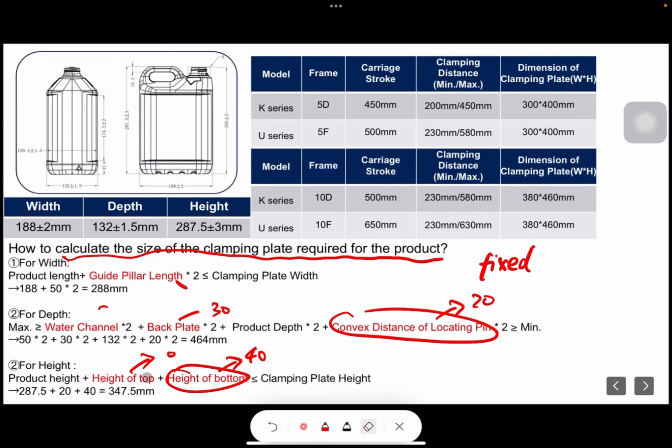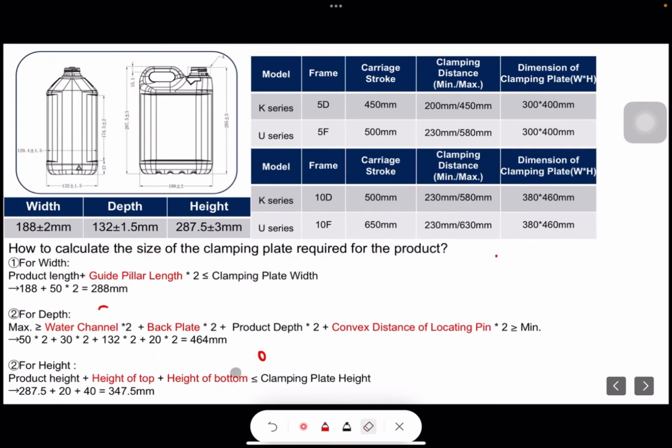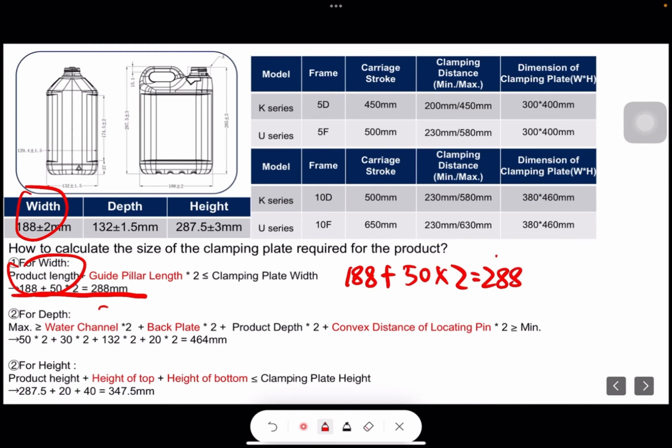Let's clean them. So, let's look right at this. Product length 188 here, the width, and here 52 times 50, sorry, and 288. This is the mold width. Okay, next one. For the depth, water channel, backplate, convex distance of locating pin, actually they are 50 and 30 and 20.